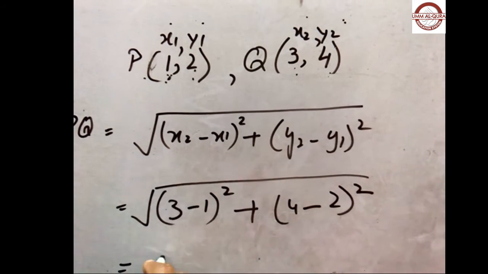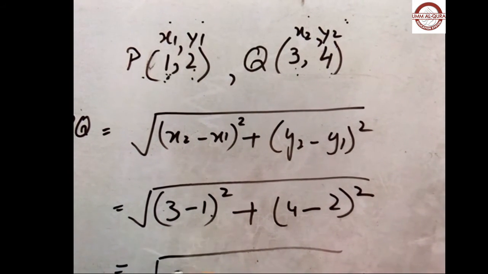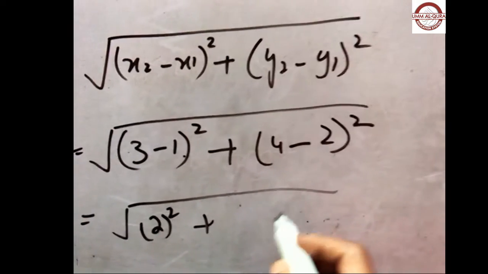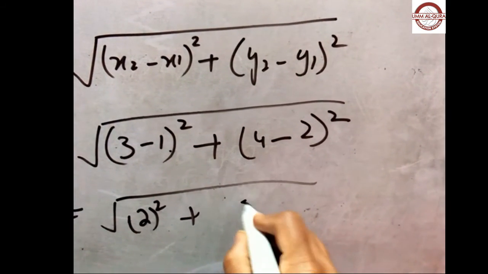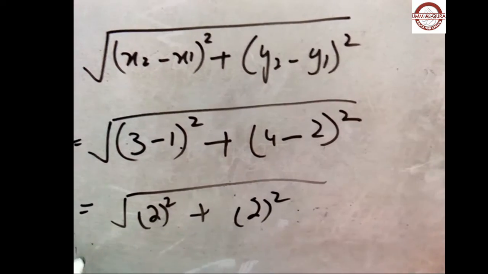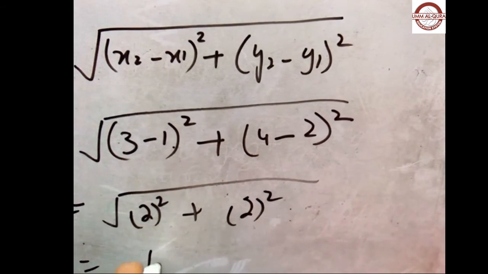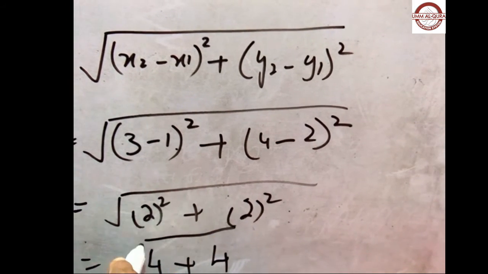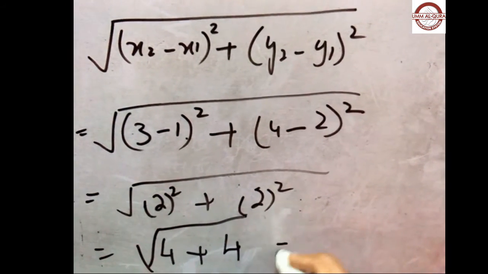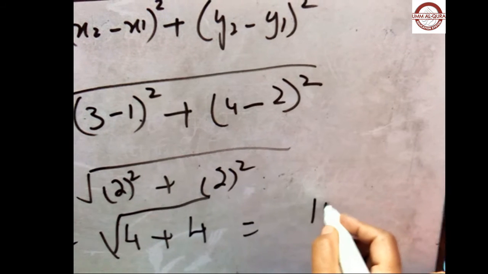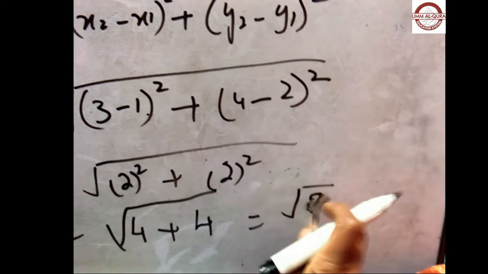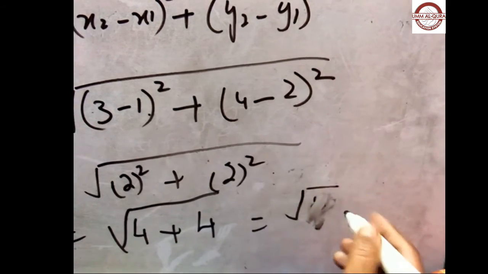That equals 3 minus 1, 2, 2 square, plus 4 minus 2 equals 2 whole square. Now 2 2s are 4, plus 2 2s are 4. 4 plus 4 under root will be equal to 8 under root 8.